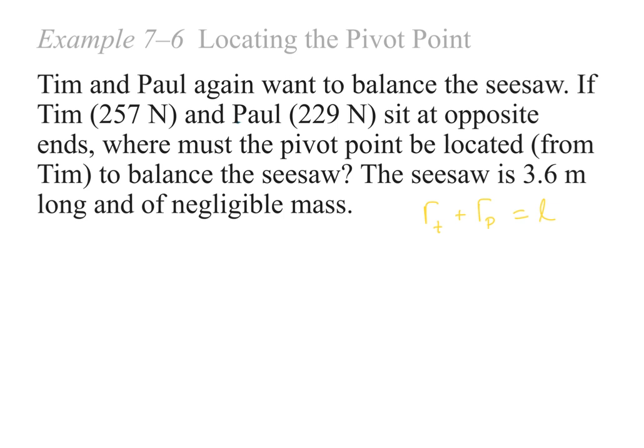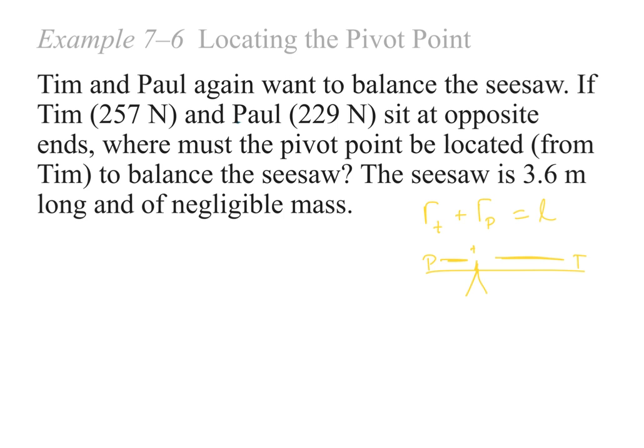If they're both sitting at the end, the entire length of the seesaw should be how far away each one is from the pivot. Doesn't matter where the pivot is. So let's say we put the pivot here, and this is Paul, and this is Tim. Still going to equal the length of the seesaw, right? His distance away plus his distance away, length of the seesaw. So that's the concept we're going to build off of here.